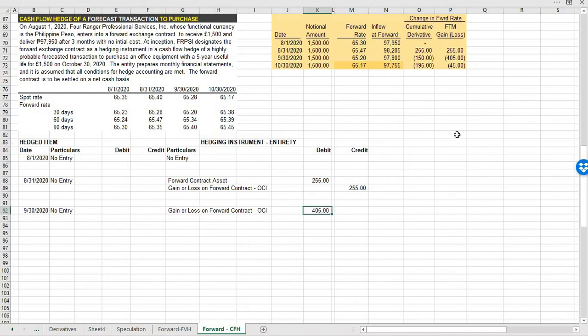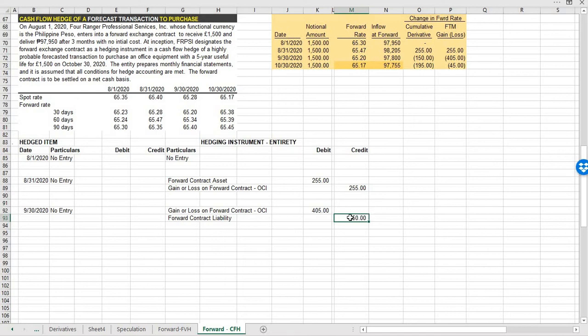And credit tayo ng forward contract liability. Bakit forward contract liability? Kasi kung titingnan mo ang ating schedule, ang ating derivative daw is now at 150 pesos pero negative. Siya na ngayon ay may credit balance. So, liability na siya at 150. So, dapat may 150 dito.